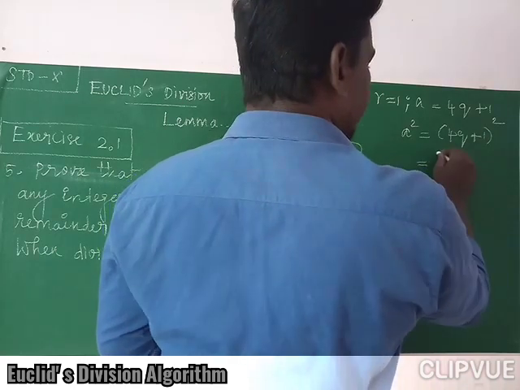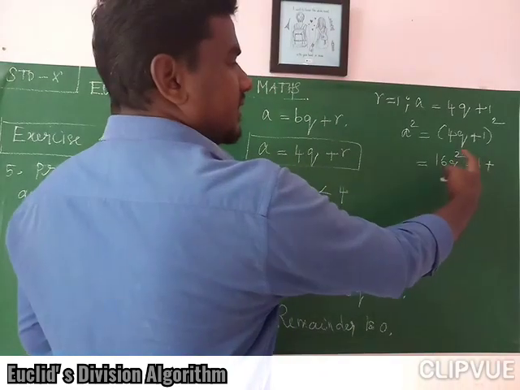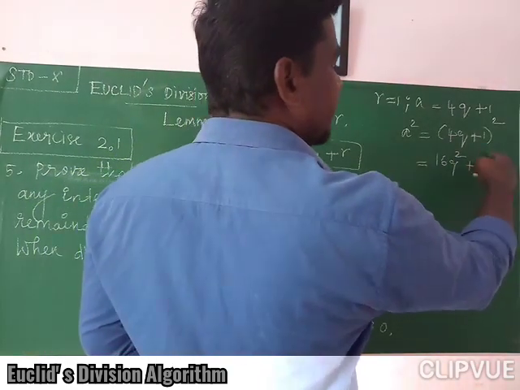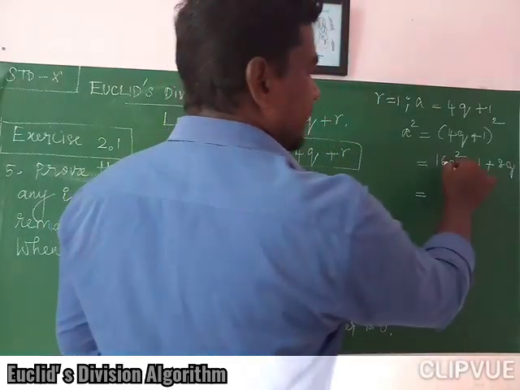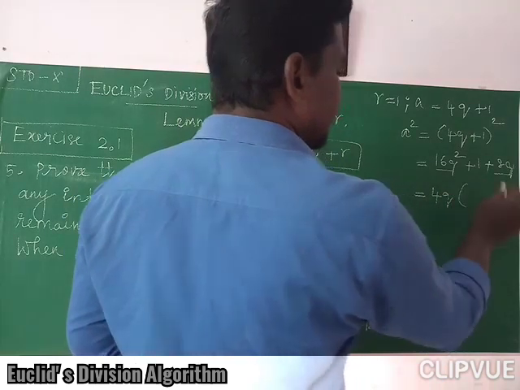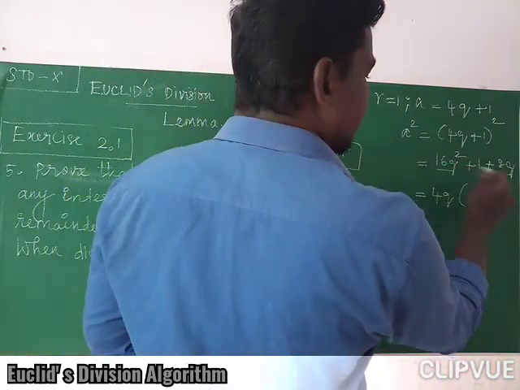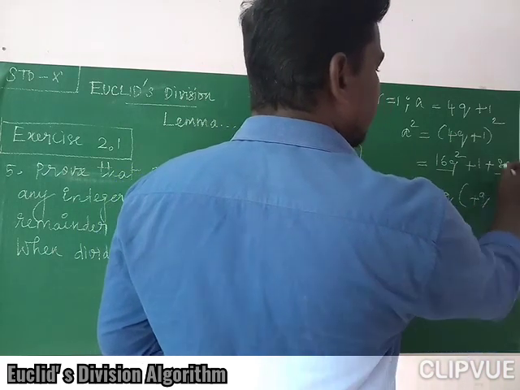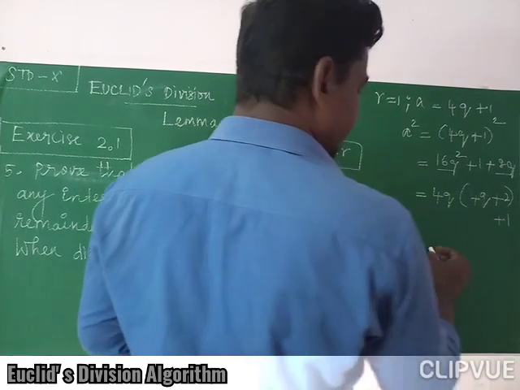So expanding, 16q square plus 1 plus 2ab, 2 into 4, 8q. So this one and this one you can take 4q out. If you take 4q out, what do we get here? 4q plus 2, plus 1.